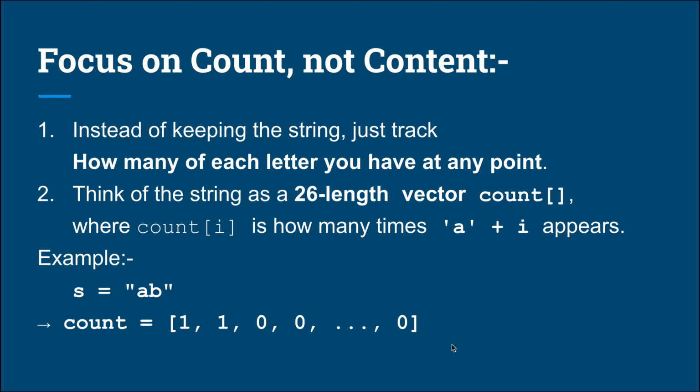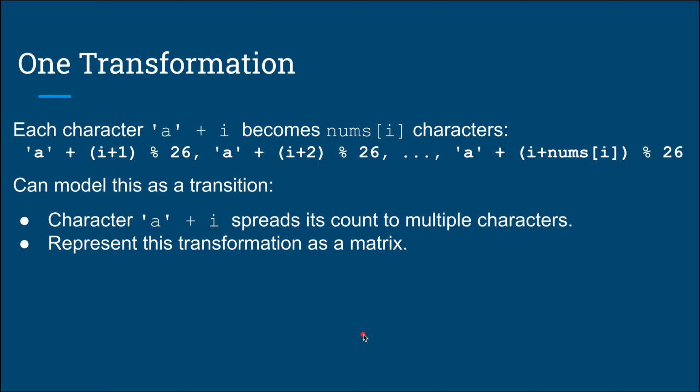We'll count the vector at i, how many times each letter appears, right? For example, let's suppose a and b are coming 1 1 and the rest of the things are 0 0, right? So for one transformation, for each character a plus i, the count becomes nums at i characters. So the number of times a character will transform, we can take from nums at i, meaning it will add the character plus i plus 1, it will go over 26, right?